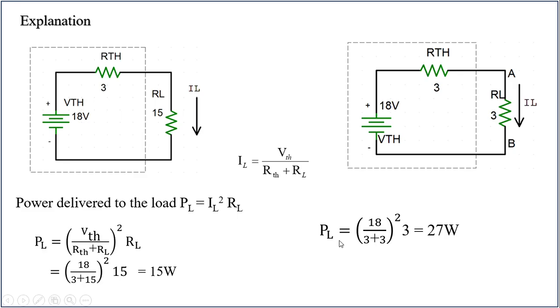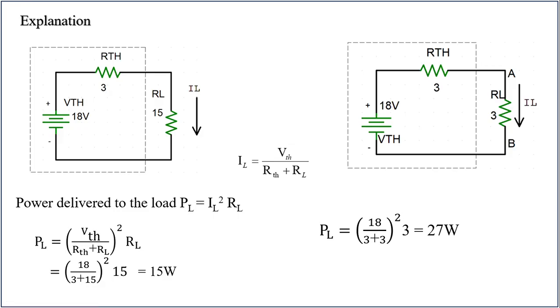Then we'll get PL is equal to 18 by (3 plus 3), that is RTH plus RL, whole square into RTH. So that is 18 by (3 plus 3) whole square into 3, that is 27 watts.